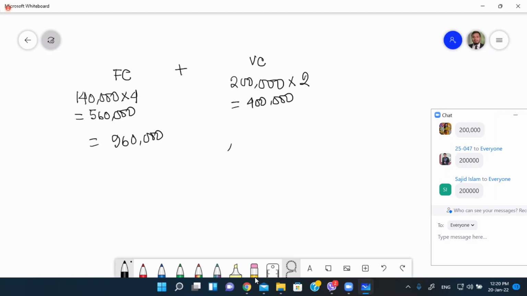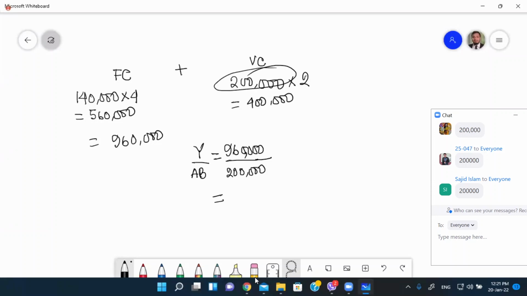And now, I divide the total estimated manufacturing overhead, including fixed and variable, by the estimated activity base, which is 200,000. You know where we got the 200,000 from. So how much manufacturing overhead rate will we get?